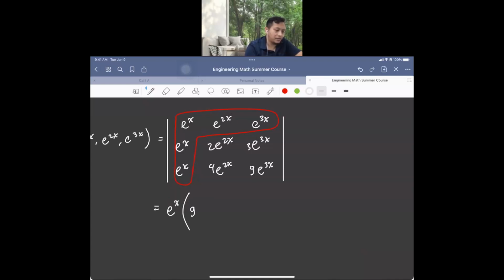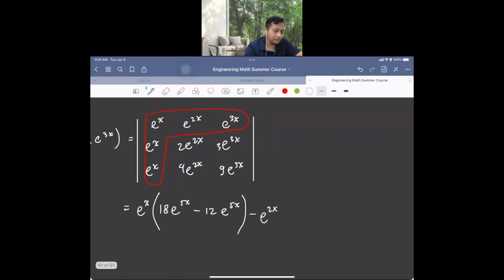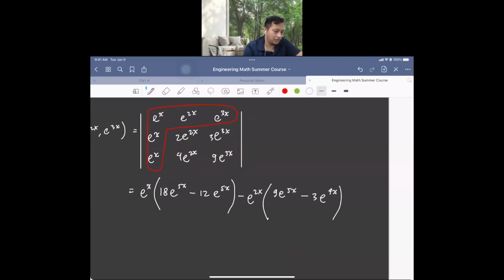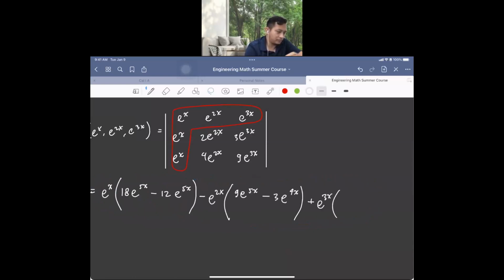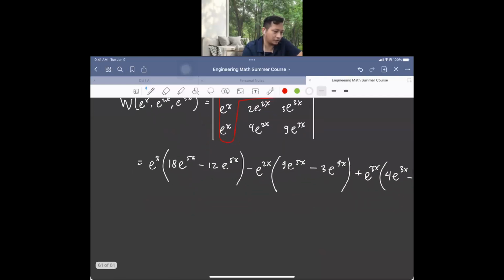We are going to have e to the x and then the determinant of the 2 by 2 matrix, so 18e^5x minus 12e^5x, and then minus 9e^5x minus 3e^4x, and then plus e^3x times 4e^3x minus 2e^3x.